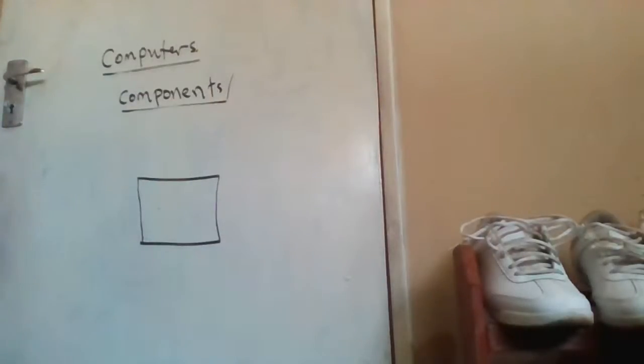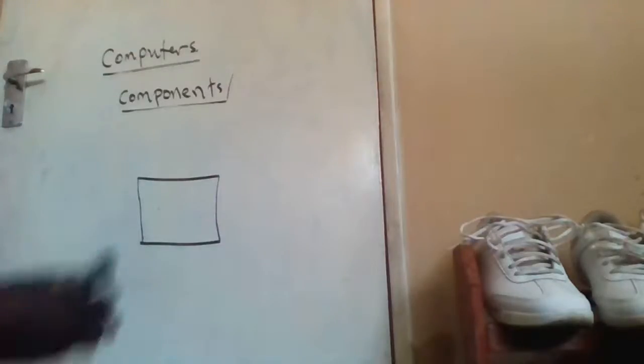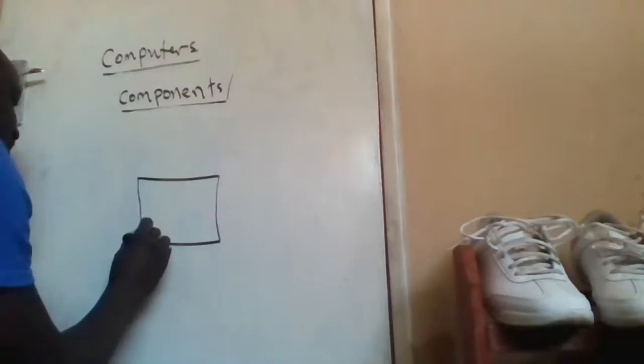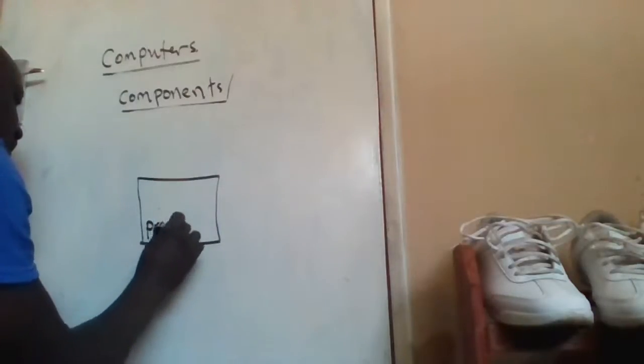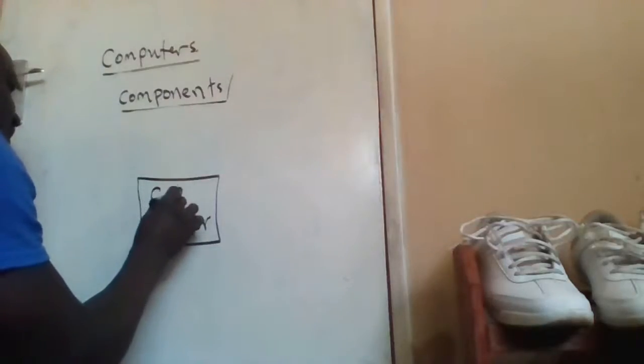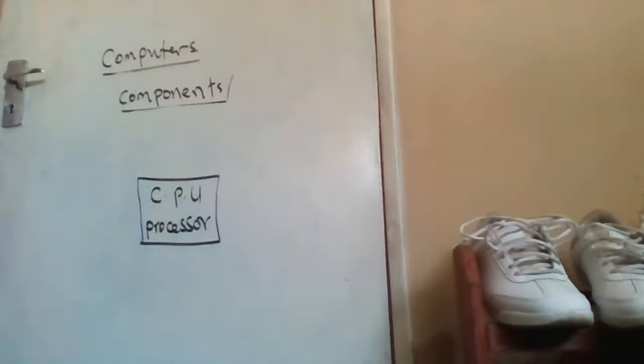With a human being, all those processes are connected and controlled by the brain. So even here, the central point of this computer is a processor, which we'll call CPU, Central Processing Unit.